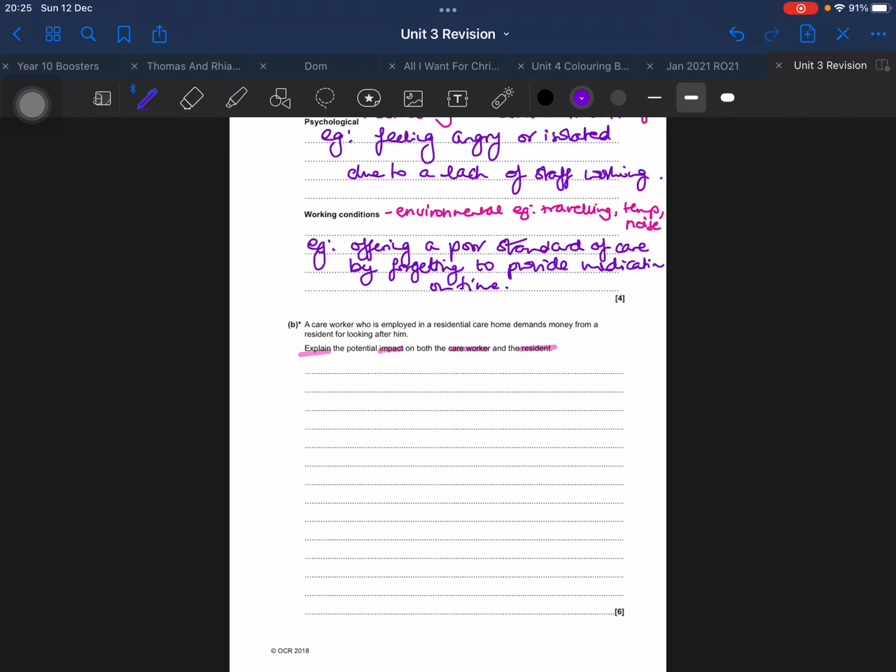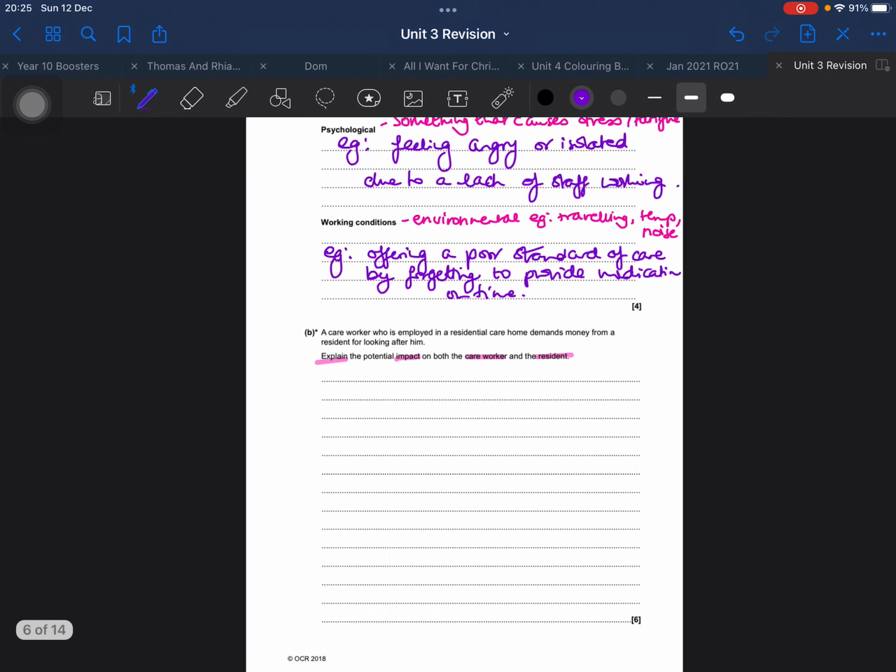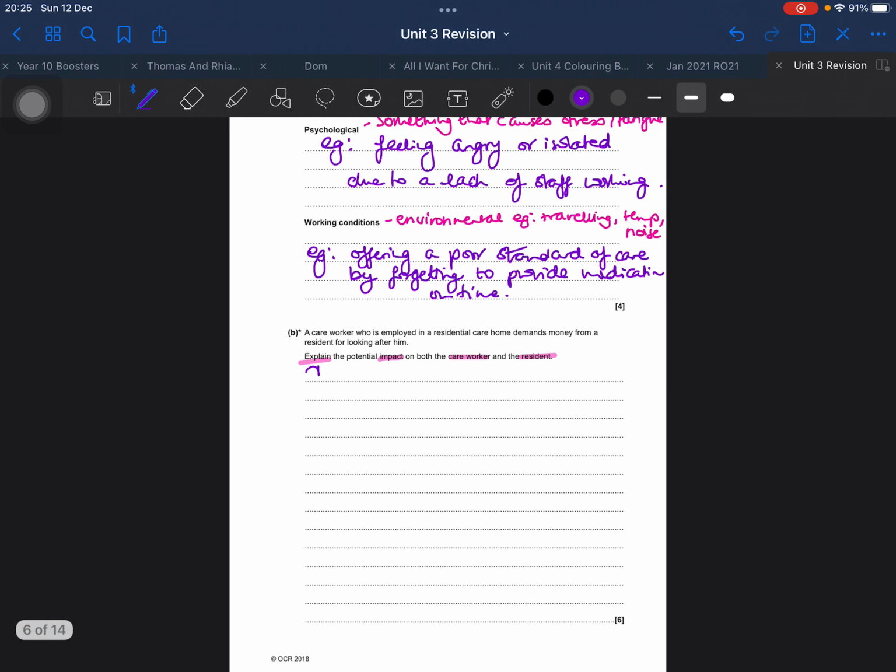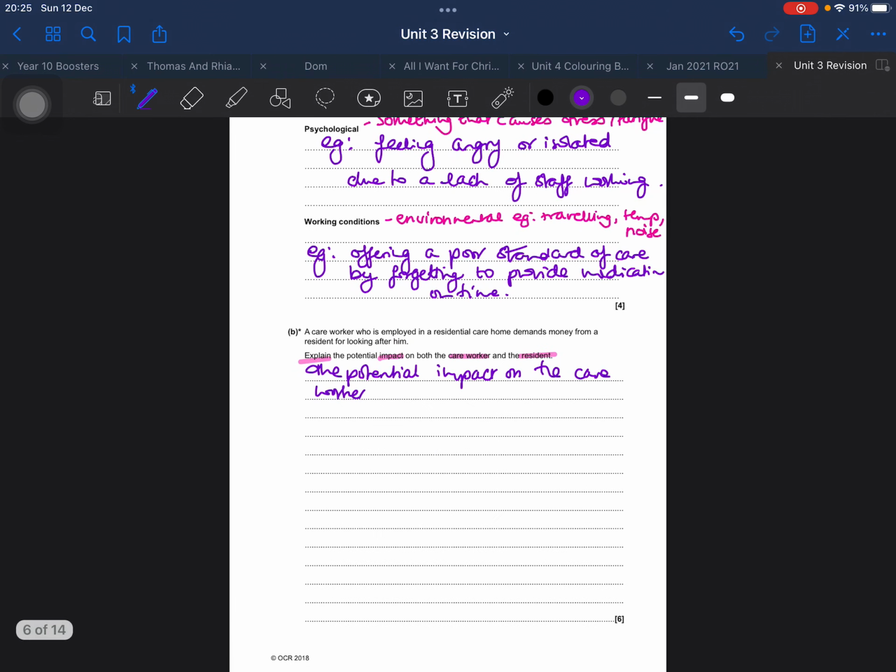So let's look at how we would answer this. So I'm going to start with the care worker because I feel there's less sort of impact on them at this stage. So the potential impact on the care worker could be that they face disciplinary if someone finds out.